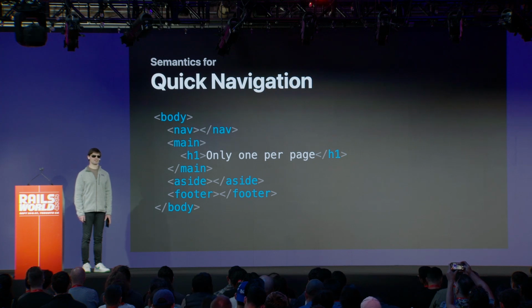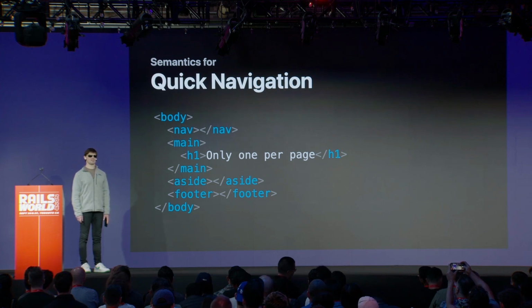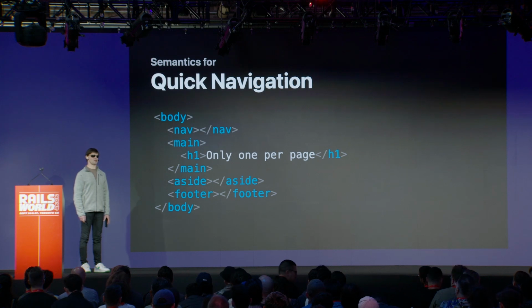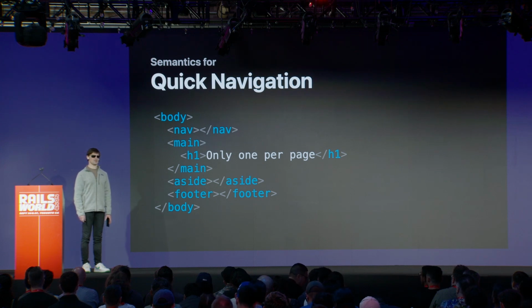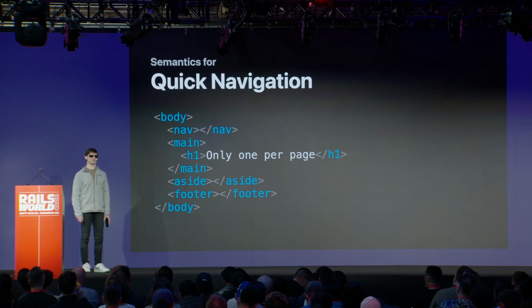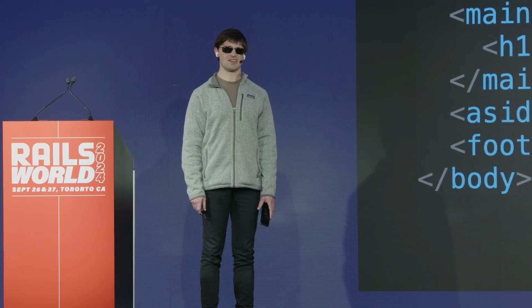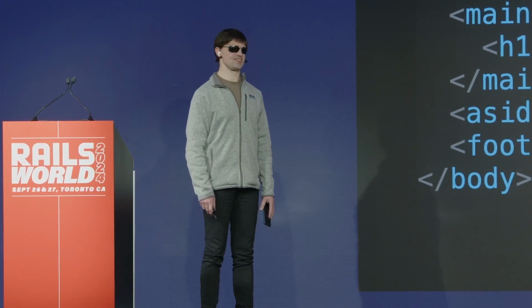The other regions are header, navigation, aside, and footer, which are also regions. So as a first recommendation, try to use the right regions when making your Rails layout, and it's very simple.